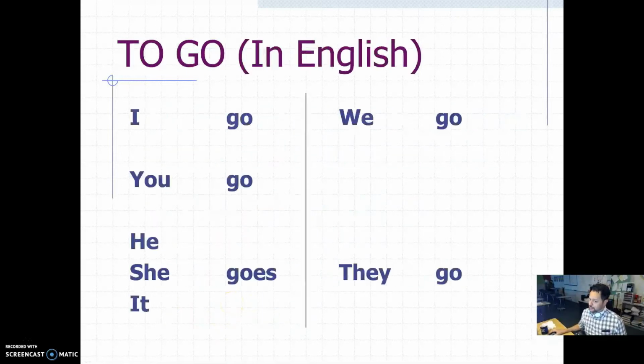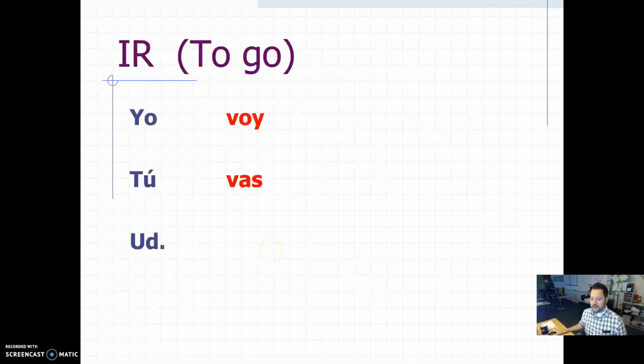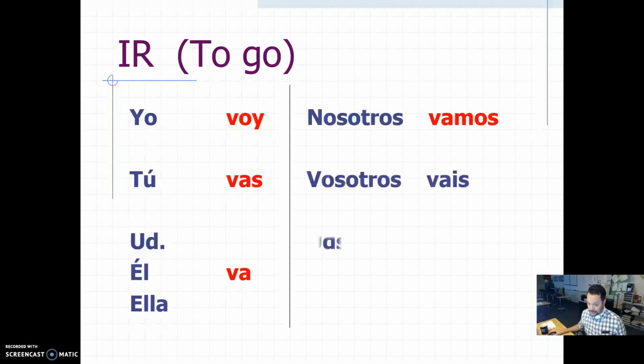And here's more or less how the verb, to go in English, this is what you say in English, right? So I go, you go, he or she or it goes, we go, they go. Now the Spanish equivalent to all of this is as follows. And as you can see, ladies and gentlemen, the verb ir does not follow the regular verb rules that we've learned in class.